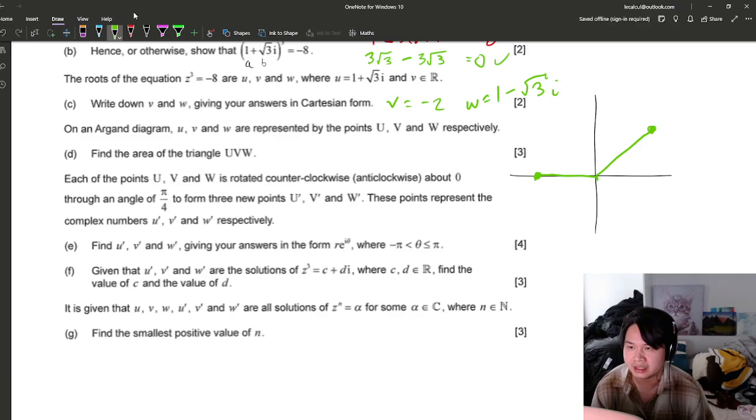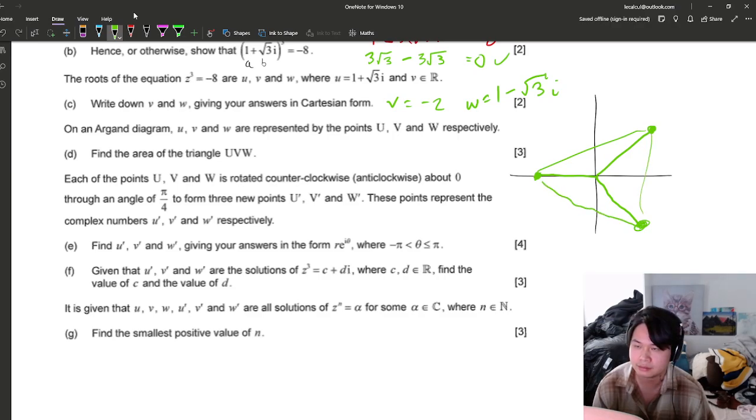And then I have the conjugate solution right here, somewhere. And then they want you to find the area of this thing. There's lots of ways you can do this. One thing to note though is that u is 1 plus √3 i. So this means that this whole length right here is 2√3.